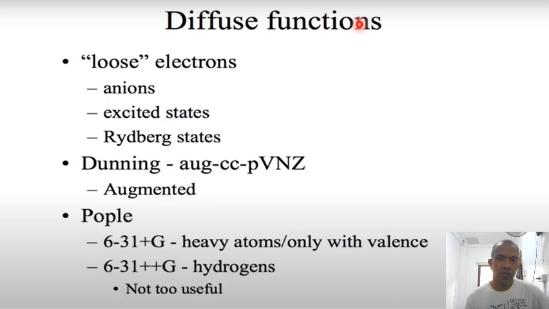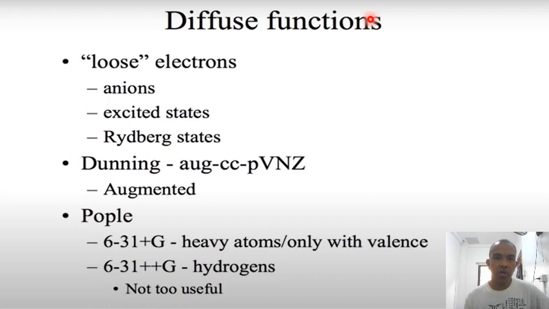If you see 6-31+G or 6-31++G, these two plus notations imply there is a diffuse function on each of the hydrogen atoms.